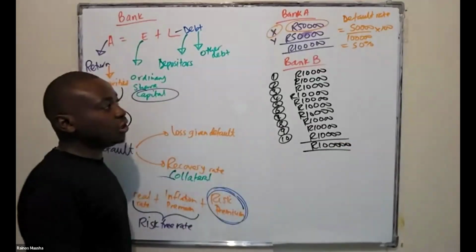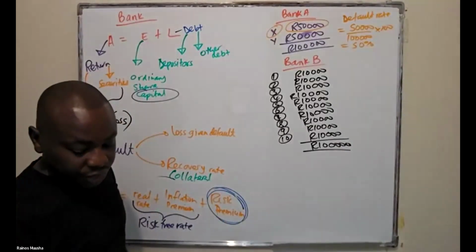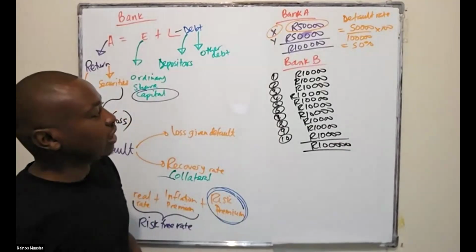So of the 100,000 in loans, they give each customer 10,000.